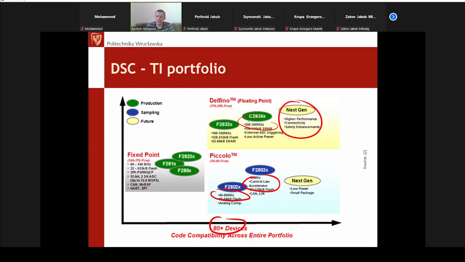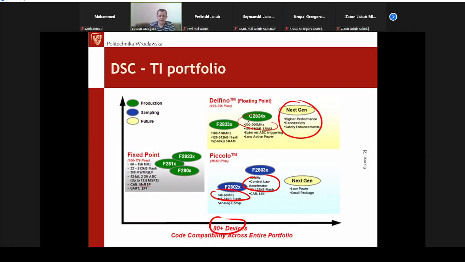Yet these architectural nuances help to deliver really decent and really good performance from these Texas Instruments DSC devices.